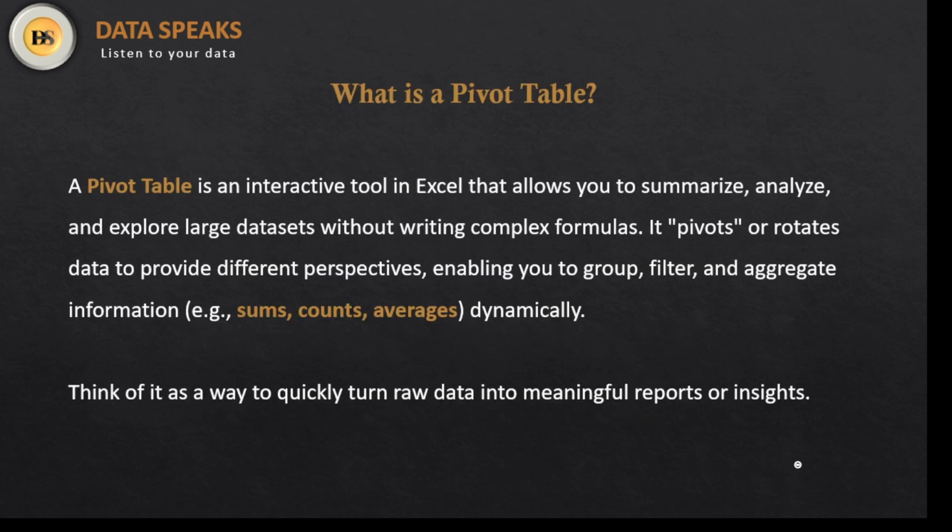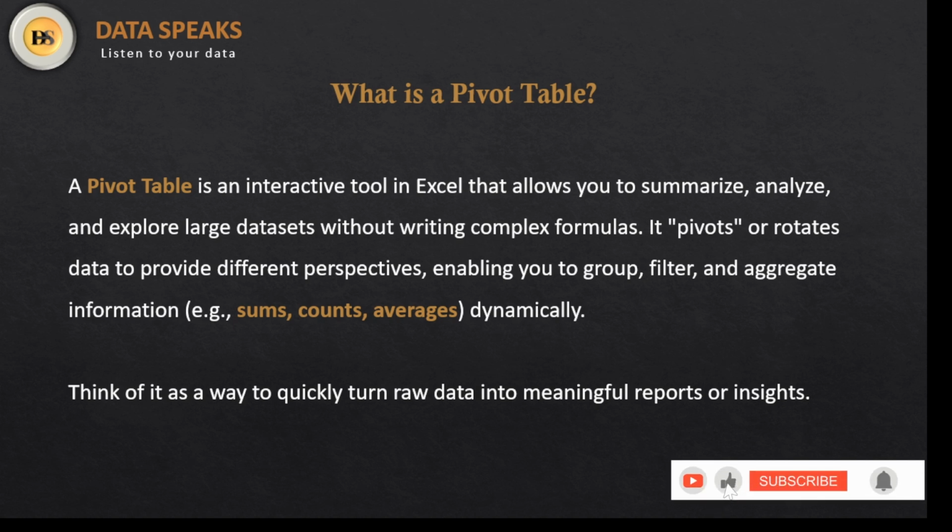So let's start. What is a pivot table? Now from the write-up, you can see a pivot table is an interactive tool in Excel that allows you to summarize, analyze, and explore large data sets without writing complex formulas. It pivots or rotates data to provide different perspectives, enabling you to group, filter, aggregate information.